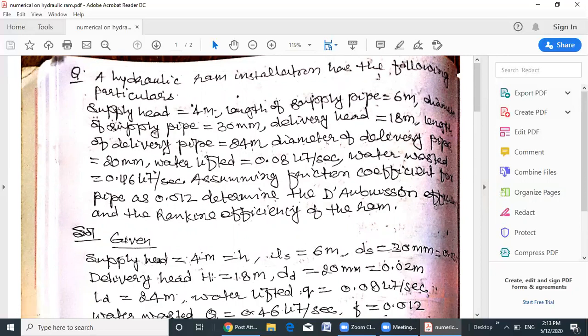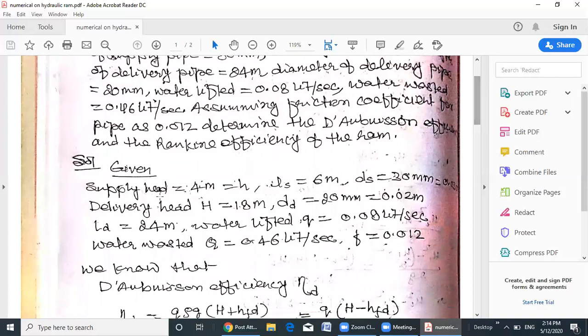Delivery head capital H is equal to 18 meter. D suffix D, diameter of delivery pipe. Small L suffix D is 24 meter, length of the delivery pipe.